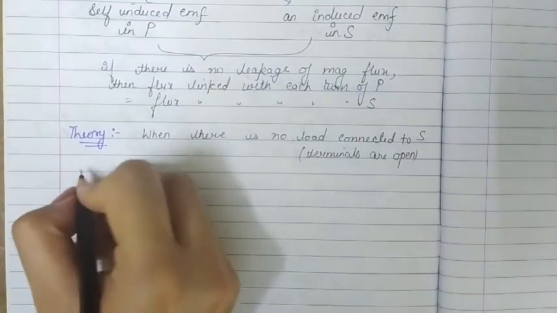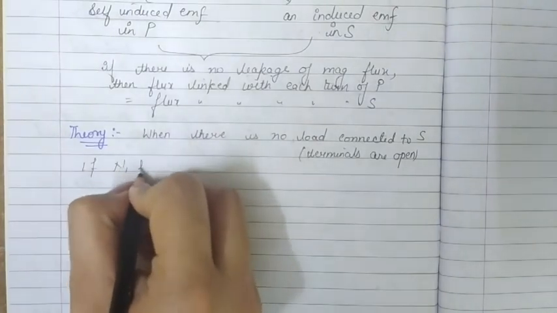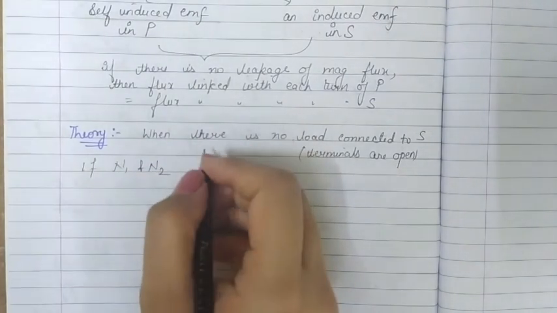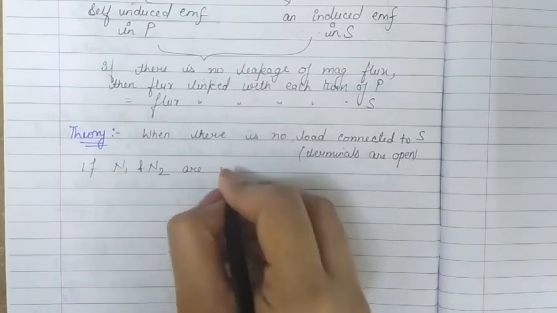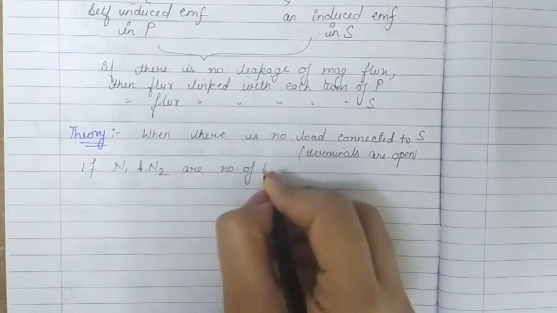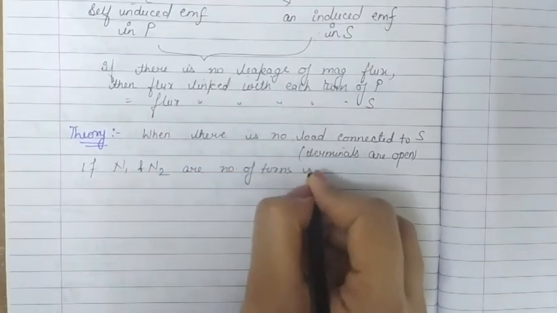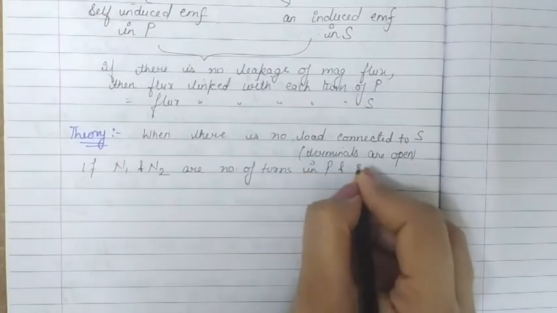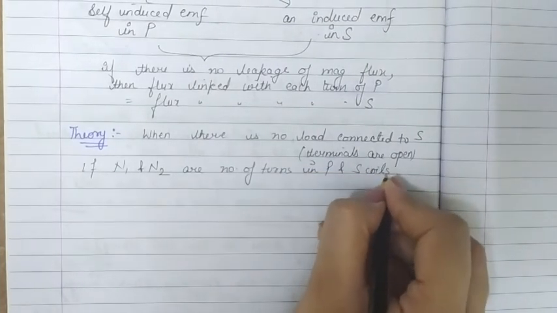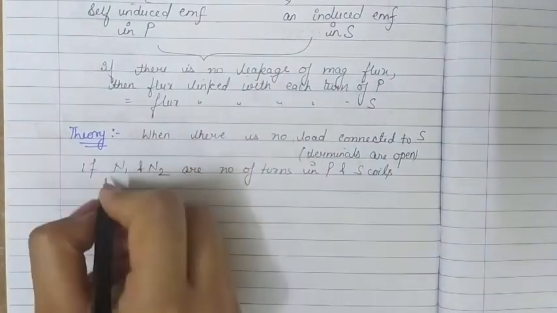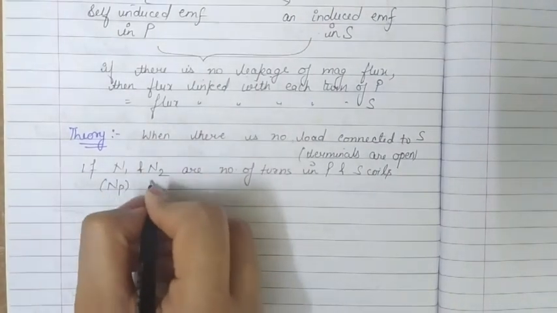Now let capital N1 and capital N2 be the number of turns in the primary and secondary coils. We can also call them NP and NS. Sometimes we find in books that they are written as NP and NS.